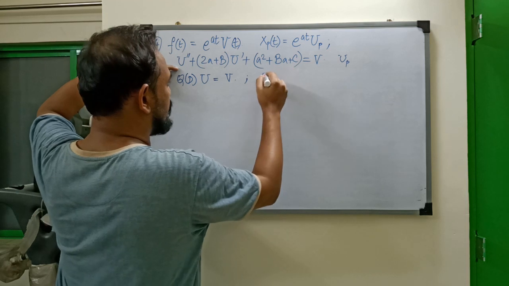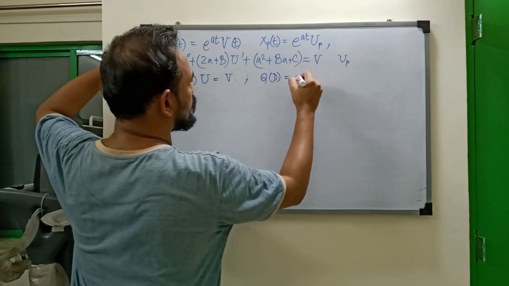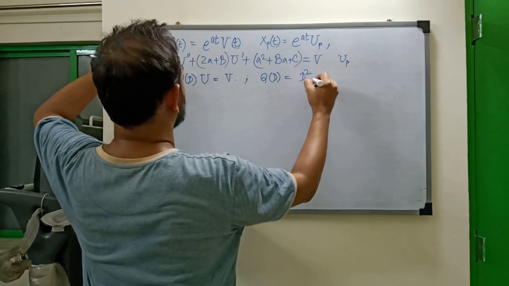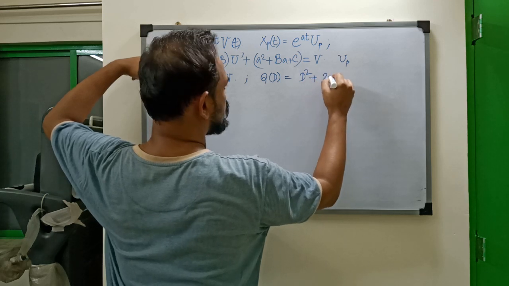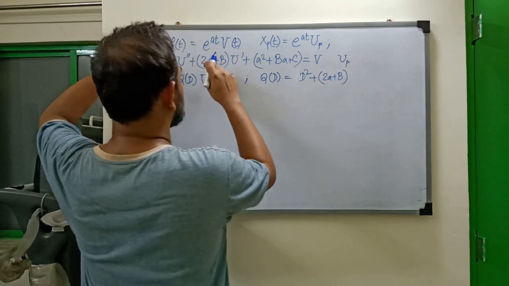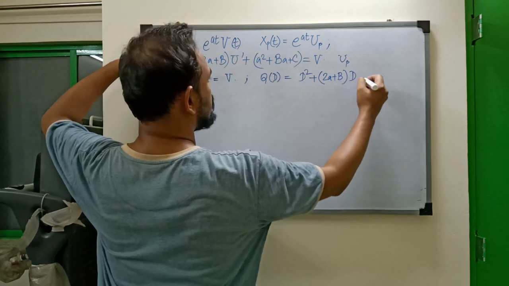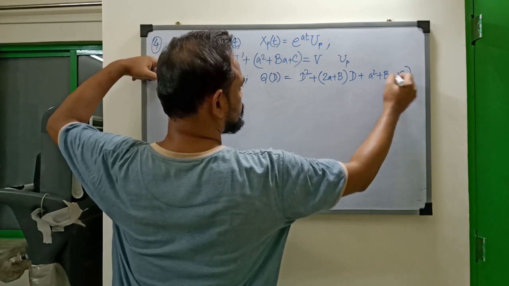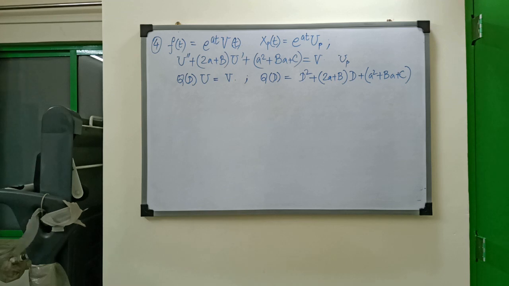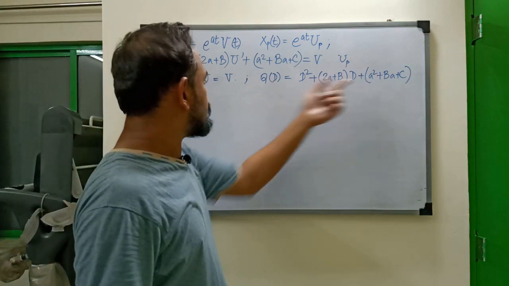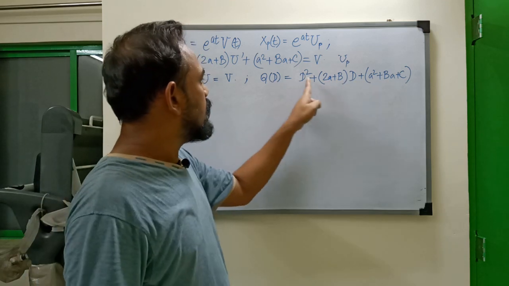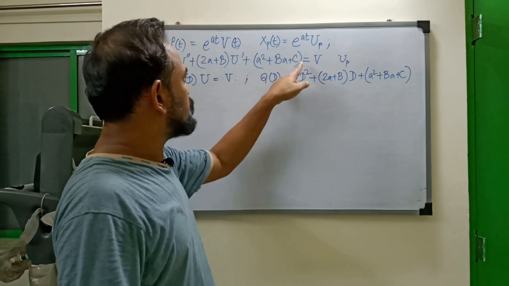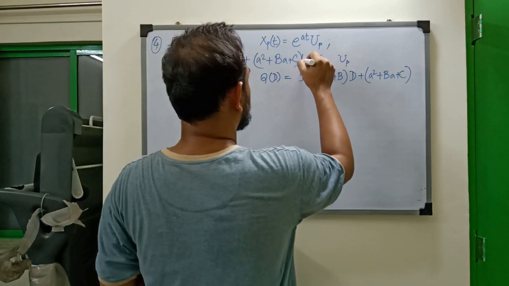Remember, in this equation, QD will be d square plus 2a plus b. You see, this is the constant. There's going to be a d from here, plus a square plus ba plus c. You see, this will act on this u term by term to give you u double prime, then this with u prime, and then this one with, oh sorry, there has to be a u here. I forgot that u.